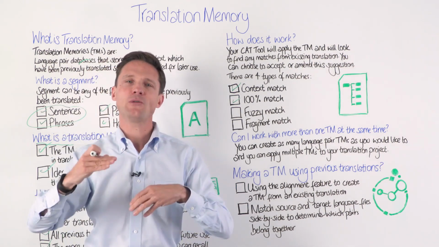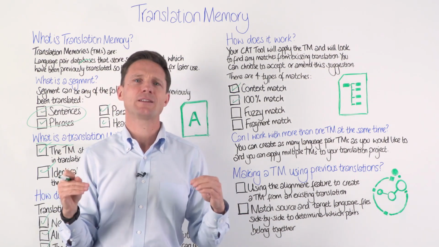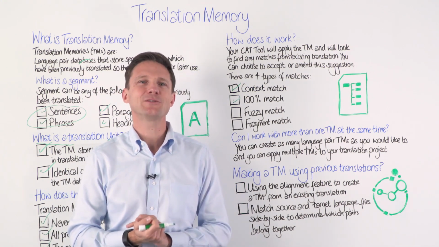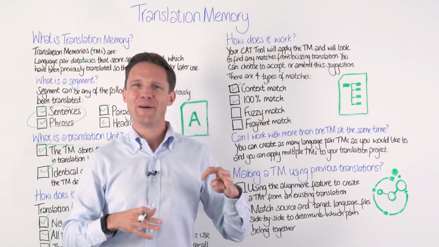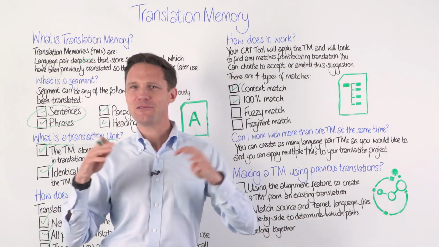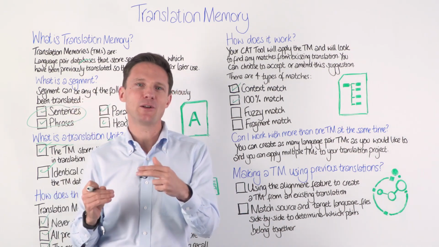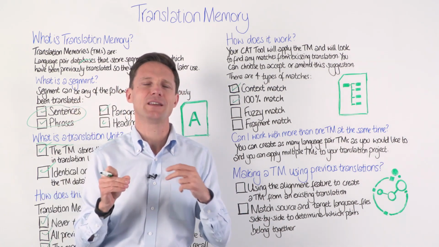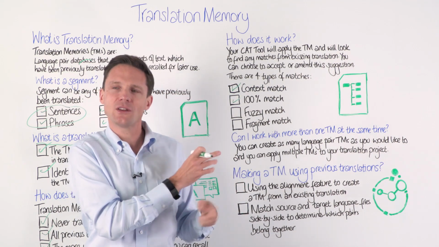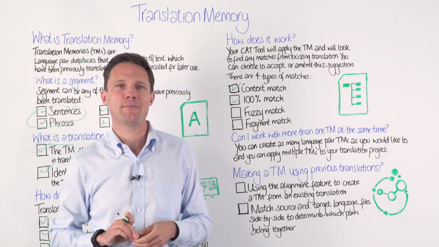And if what's around it is not the same, the system will just say, this is a 100% match. Typically, you need to check a 100% match because there might be surprises. If you speak different languages, masculine, feminine, maybe something was a heading, something was in the middle of a sentence, you might actually need to use different translations. And that's why the 100% match is going to be pretty accurate, but you do need to cast an eye on it.